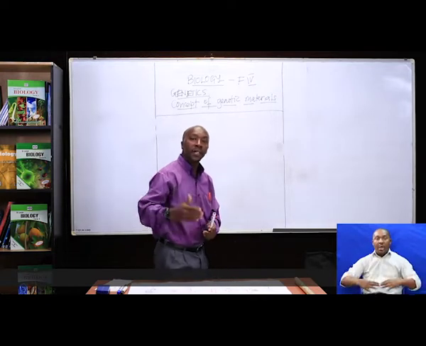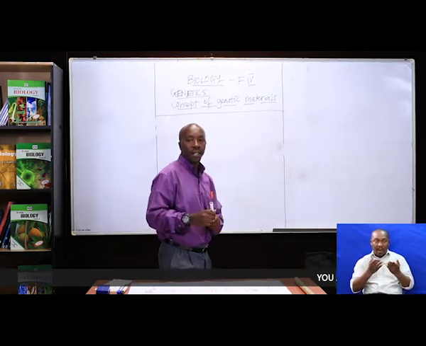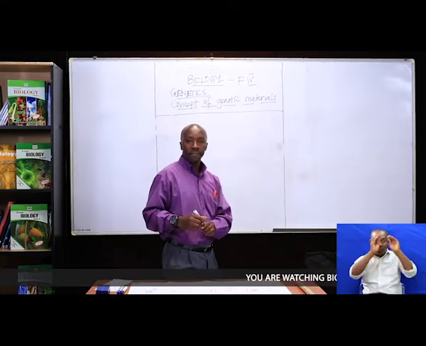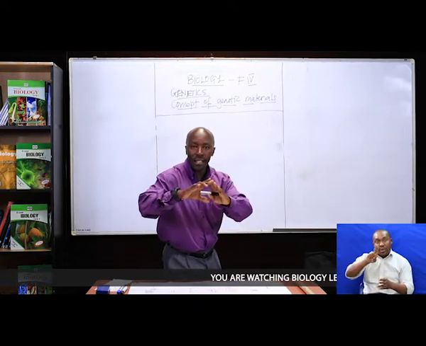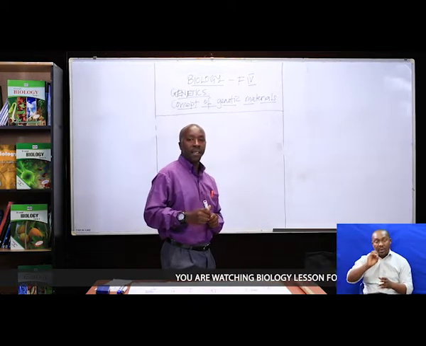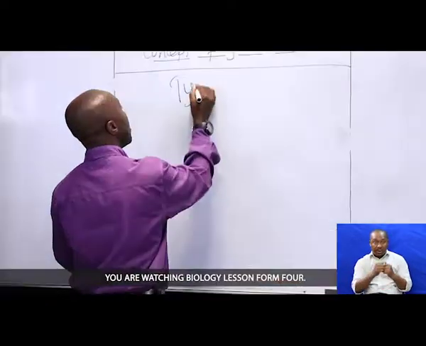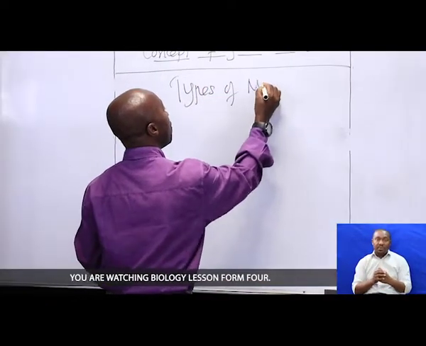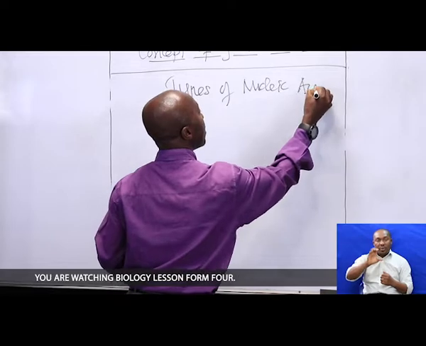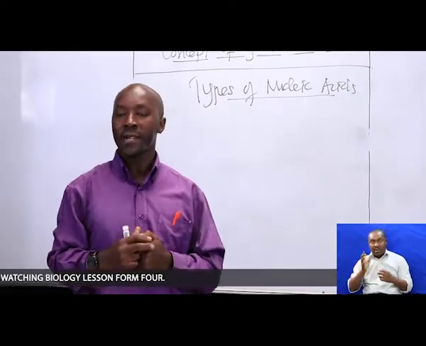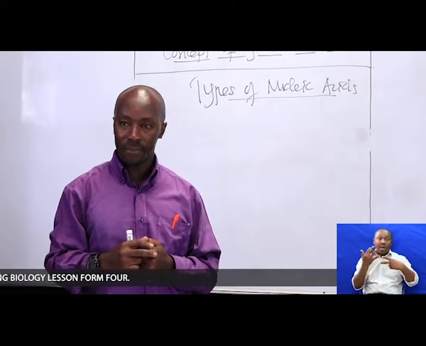Now, based on the structure and arrangement of nucleotides in the nucleic acids, there are two types of nucleic acids. There are two types, my dear student, of nucleic acid.